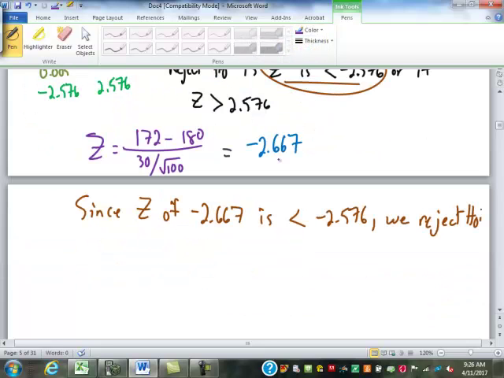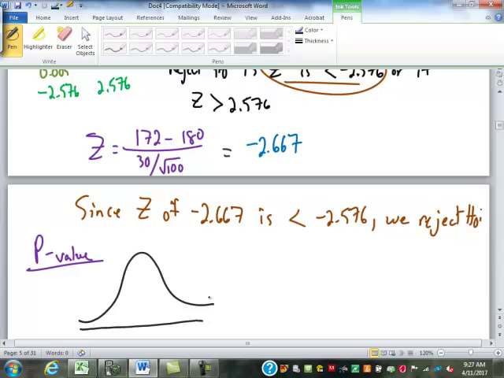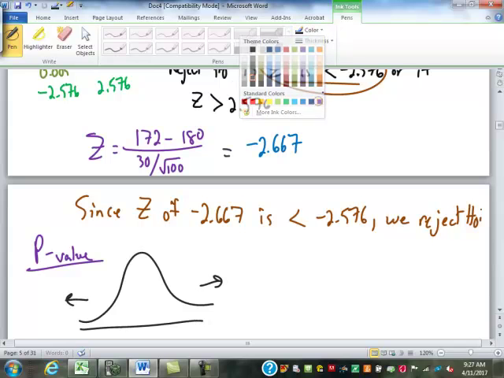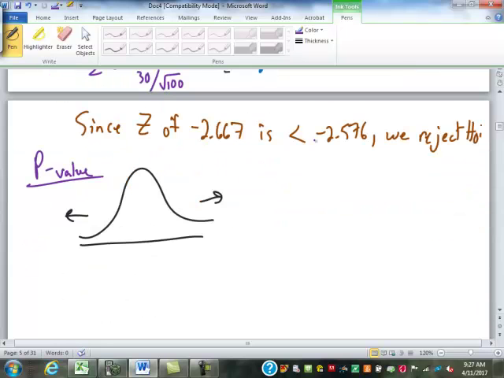What if we're looking at p-value? Well, for p-value, again, the alternative hypothesis tells us what tail we're interested in. Since it's not equal to, we're interested in both tails. So what we have to do is use our test statistic, which is negative 2.667, and its mirror image, positive 2.667.